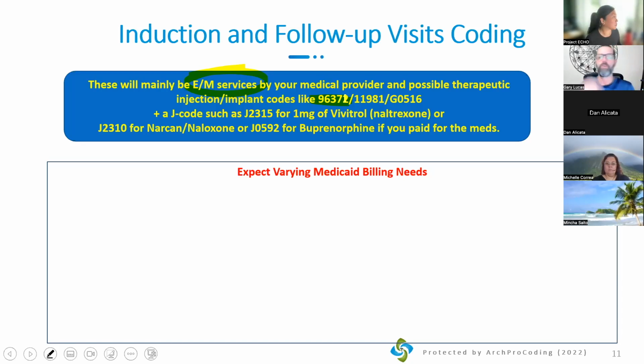There are codes, a sample of which I've given you here, 11981, which is probably going to become more common down the road, but is not that common now. It's the implantation of a non-dissolvable rod that's placed inside the patient's body, kind of a time release option.